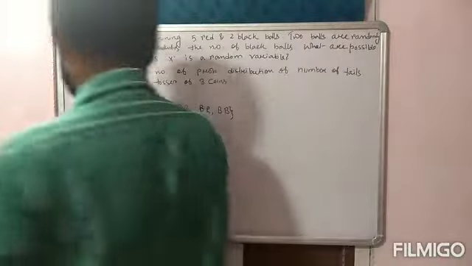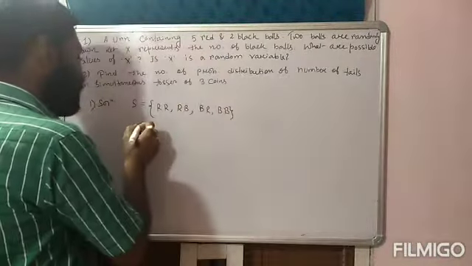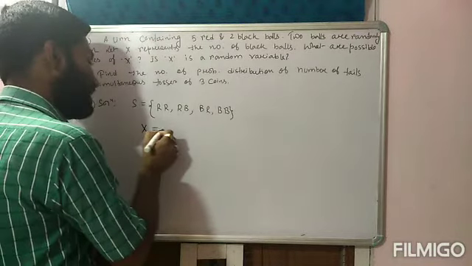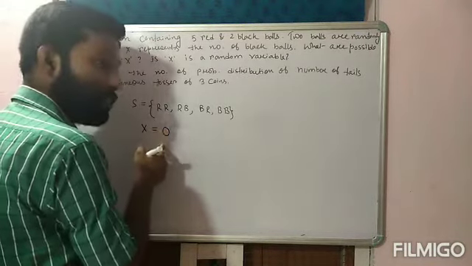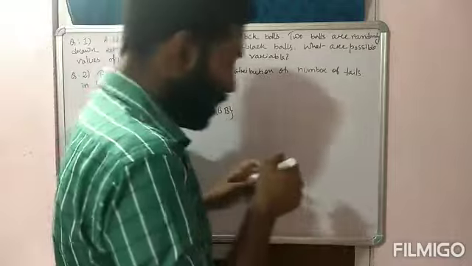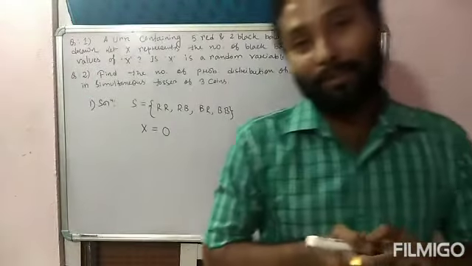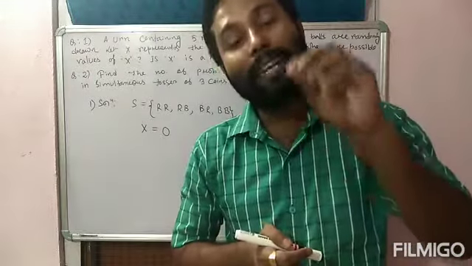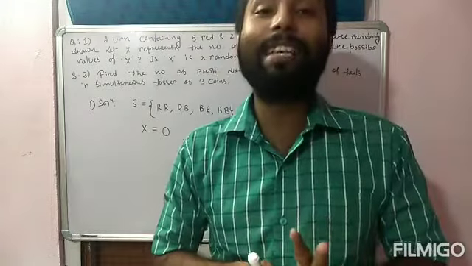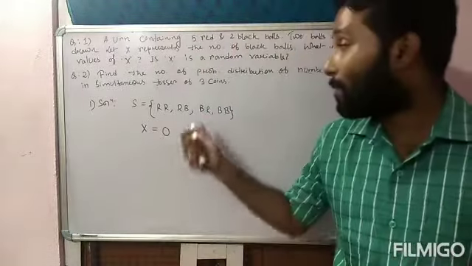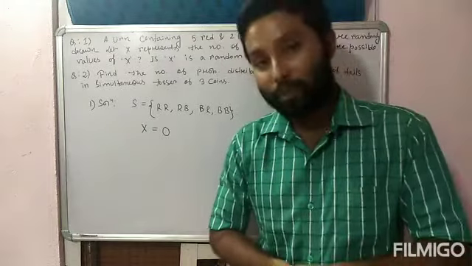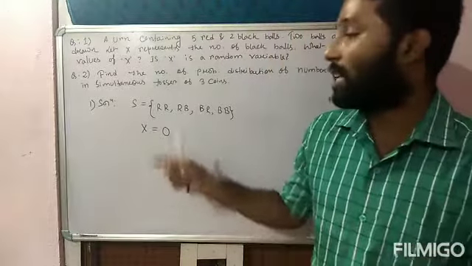The possible values of x start from 0, because sample space के हिसाब से negative value का कुछ meaning नहीं है, इसीलिए you have to start from 0.